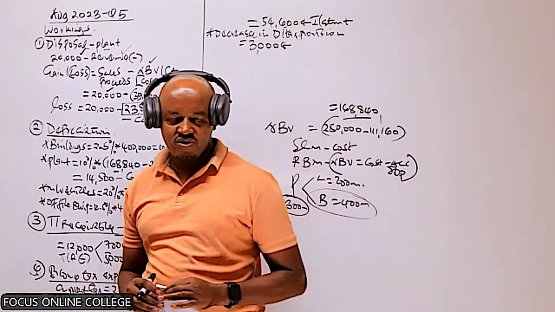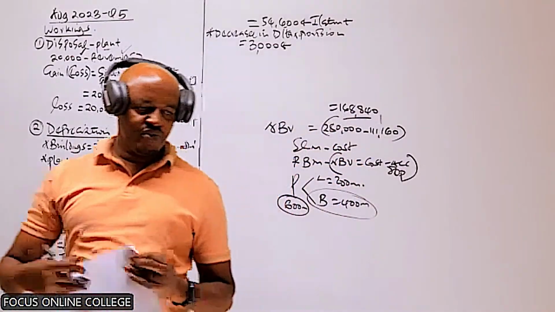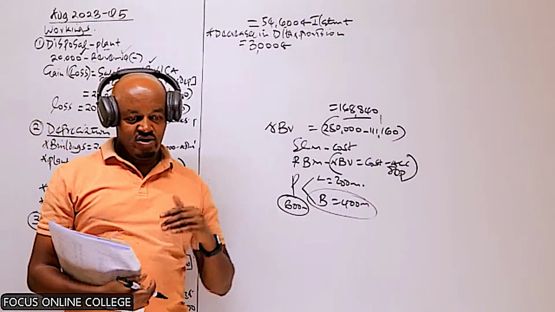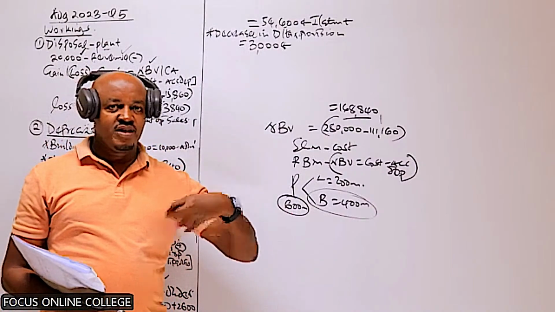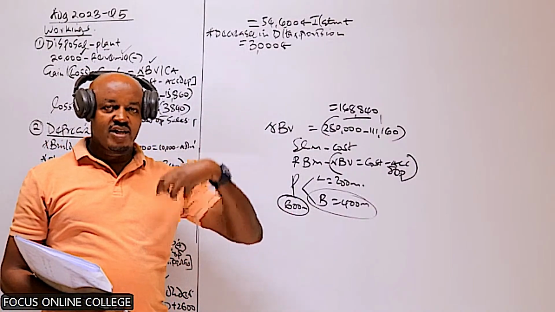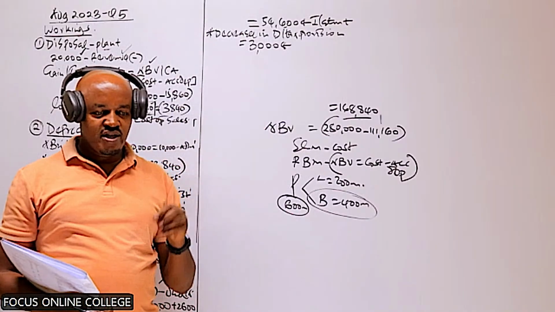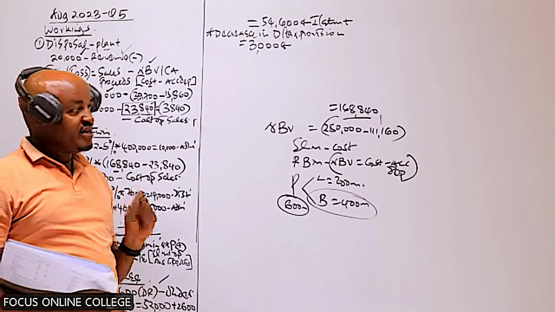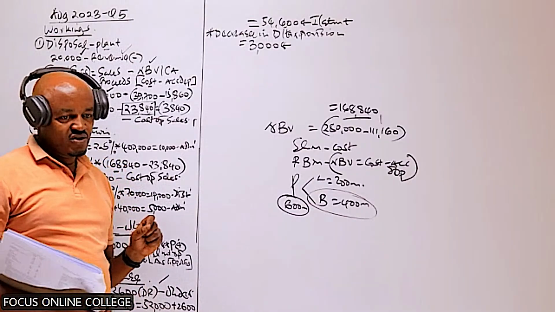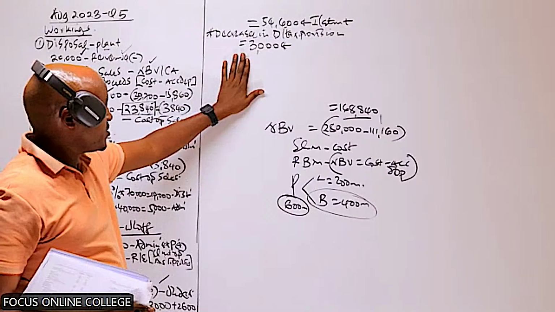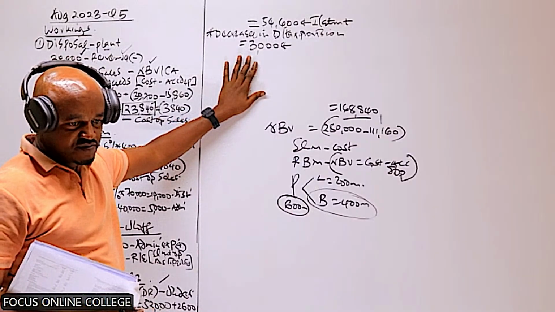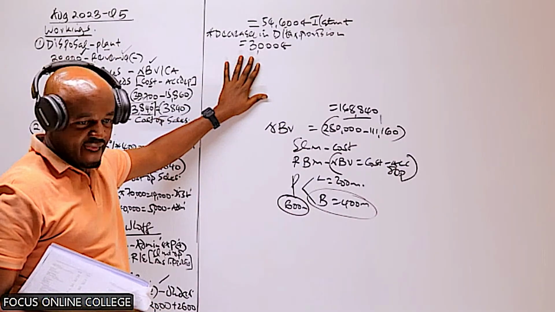Who can be able to recall? Because what we said is that during the current year, what we account for in the income statement as far as the deferred tax is concerned is the increase or the decrease in deferred tax liability. So we are told there is a decrease in the deferred tax liability. So we say this one should be accounted for as what in the income statement?